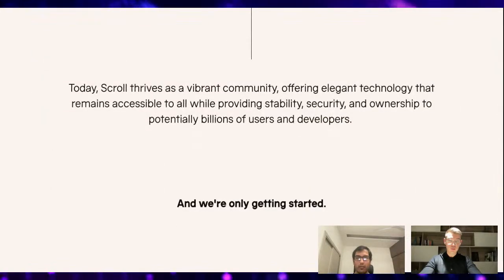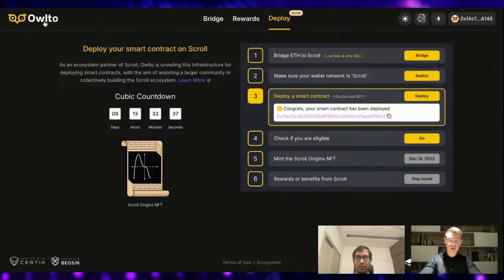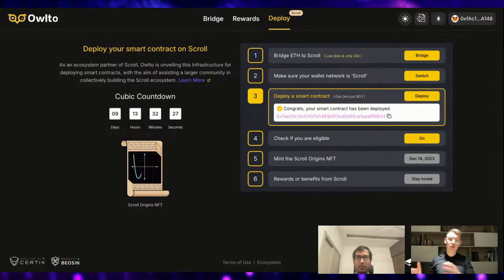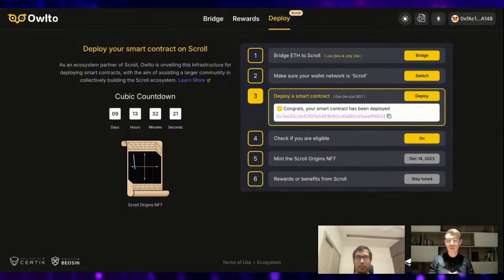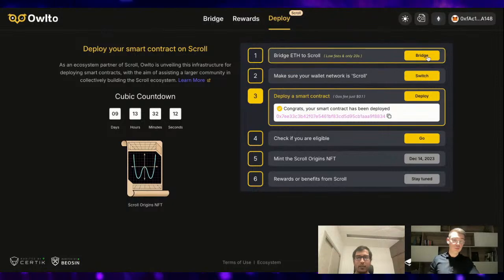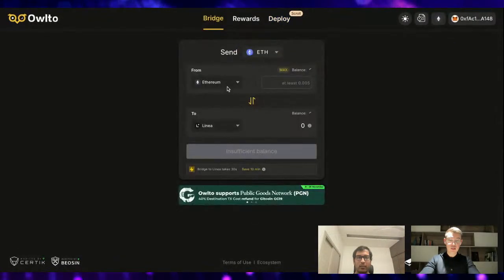They partnered with a bridge called Alto, which has an official campaign. I think Sanjit already mentioned that two campaigns have passed where you had an opportunity to be early adopters of Scroll during the mainnet phase. And right now they have a Cubic NFT campaign where you can bridge money from different other chains.